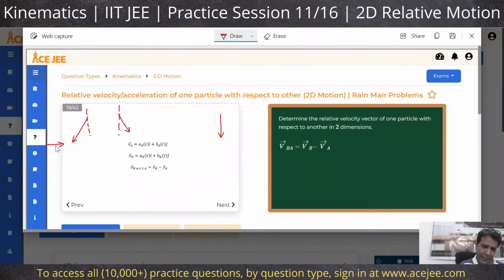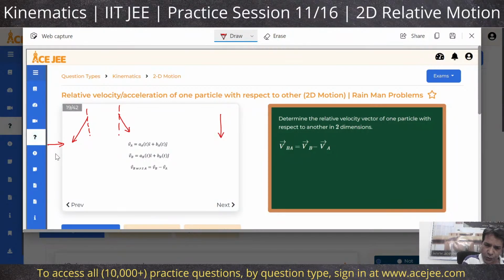Then the questions might ask what will be the angle that the velocity vector of the rain makes with the vertical as seen by the man. So essentially they are asking about the direction of the relative velocity vector.